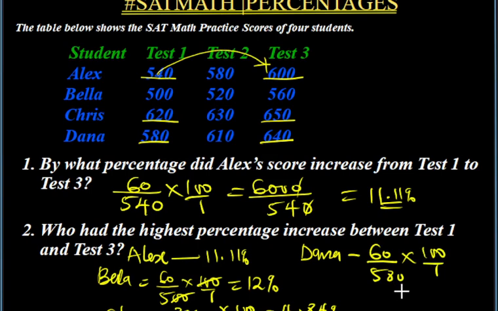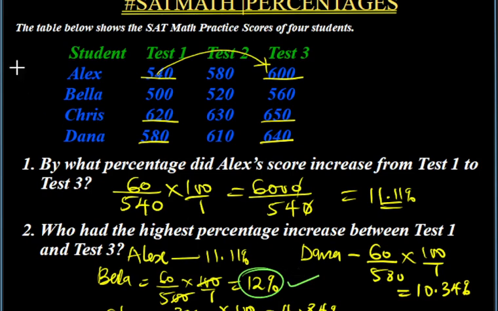By the time we simplify using a calculator, we'll get 10.34%. Looking at this, it is clear that Bella has the highest percentage increase between test 1 and 3.